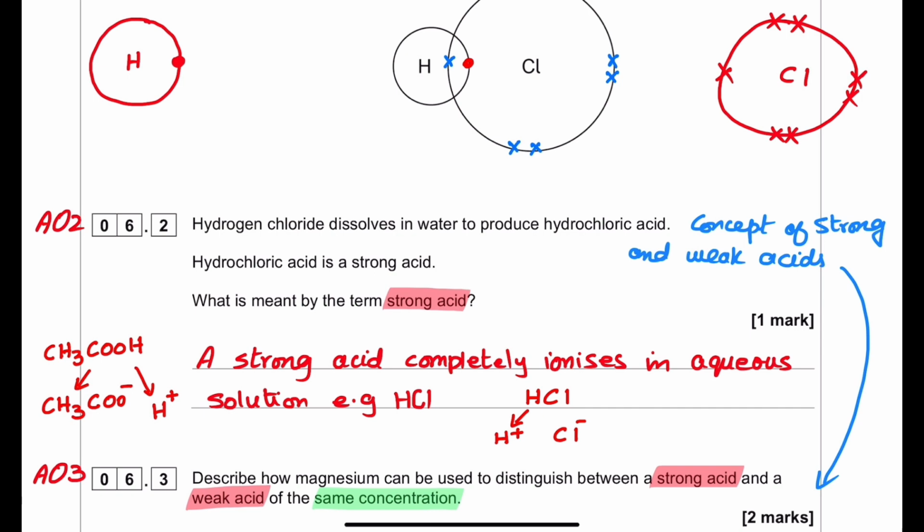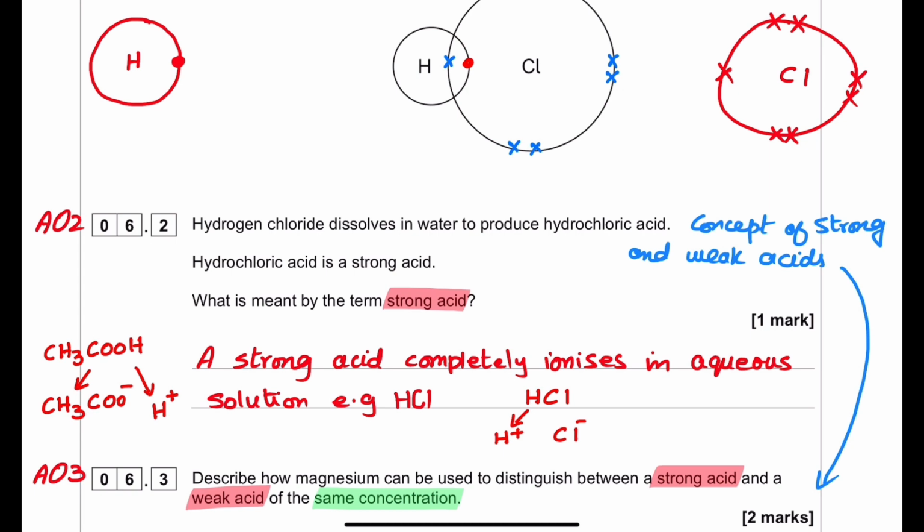When magnesium metal is added in strong acid, the rate of the reaction is very fast. A lot of fizzing of the gas will take place, the reaction takes place at a high rate, and magnesium will disappear very quickly.